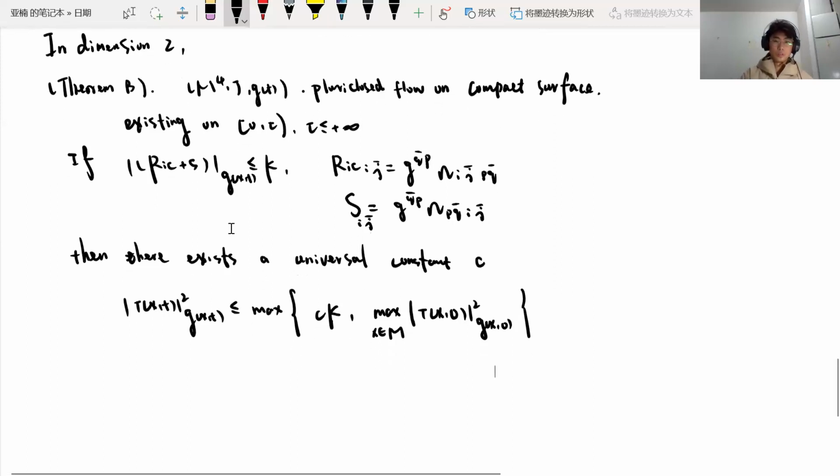Here, I'm not sure, can we get an estimate independent of the initial data? Maybe we can find a Ricci flat but non-Kähler metric, then maybe we can do the scale. But I'm not clear whether, if it is Ricci flat, then actually it is flat, or maybe it is unique in dimension two.